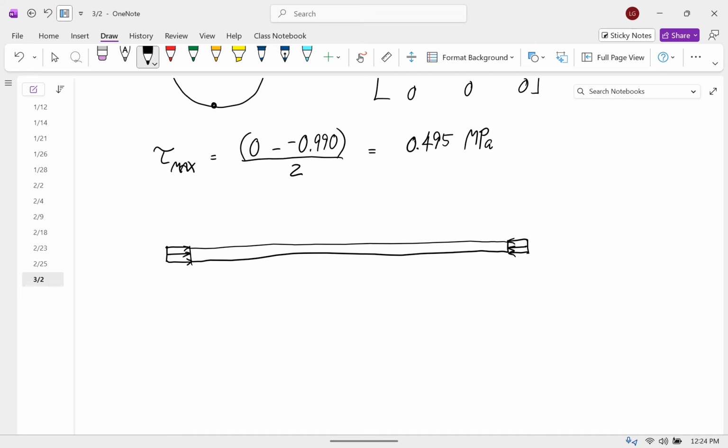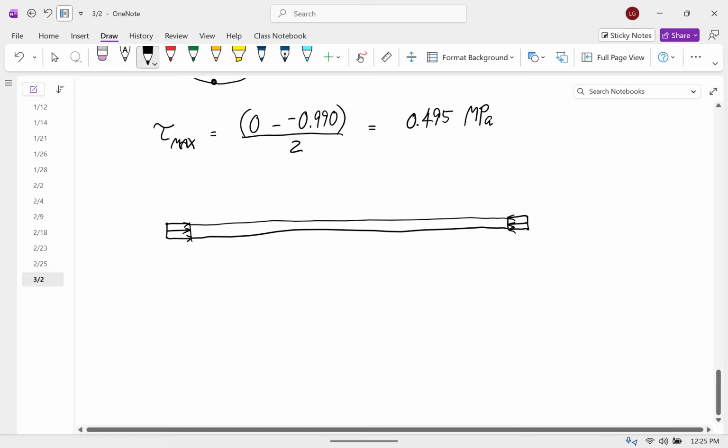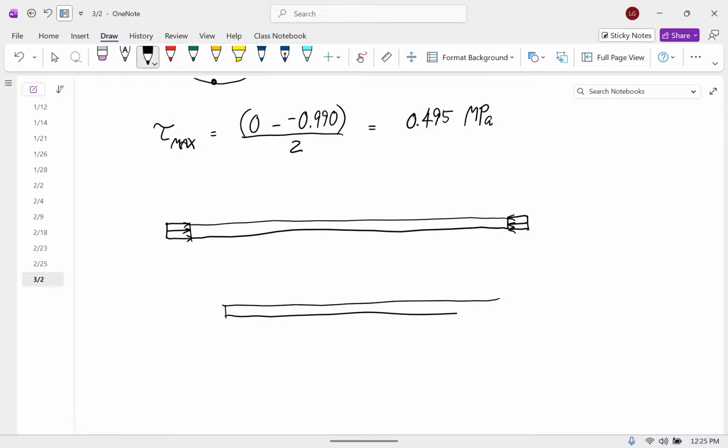Does it make intuitive sense that if it's being acted on by these uniform distributed loads, there's no way any variations would come about based on how far up or down on the cross section you are? And so yeah, it isn't something that's come up yet. But now we're going to start getting into stuff like this where we have beams, a beam here with a force here, a force here, a force here.